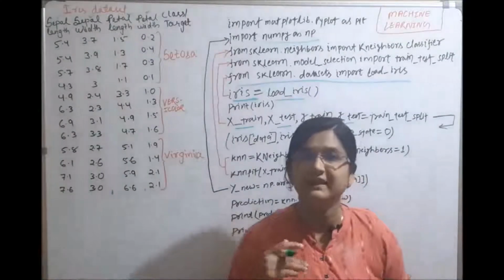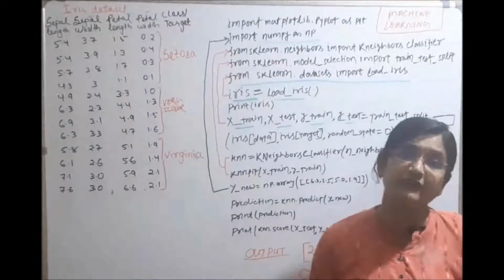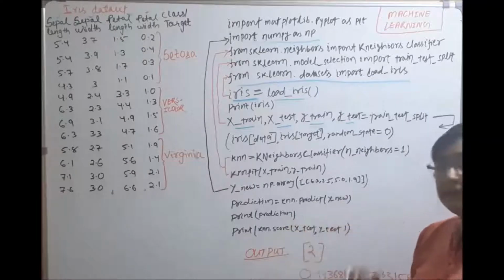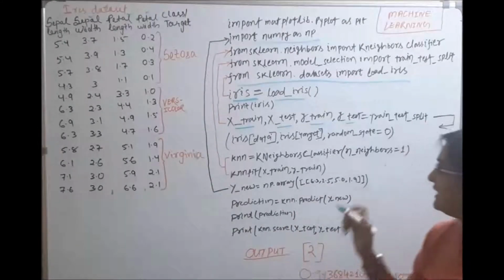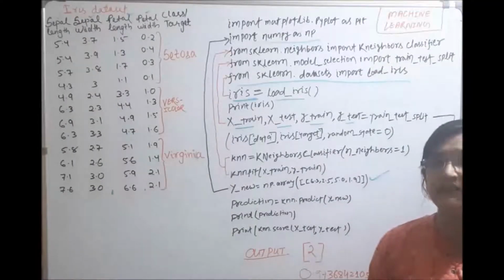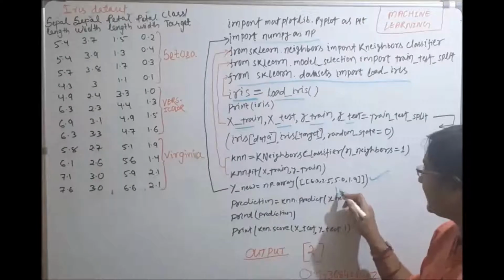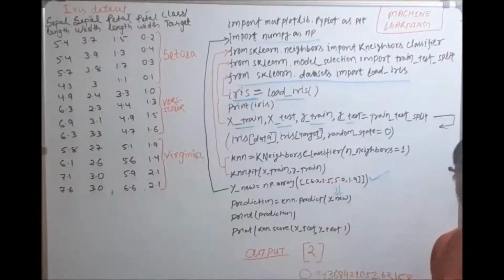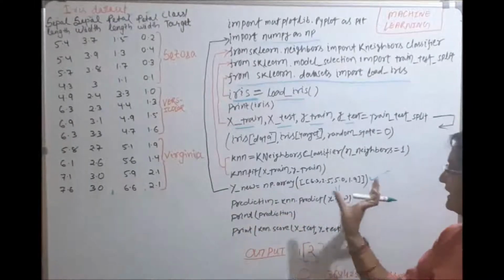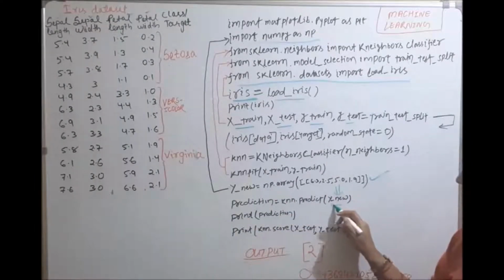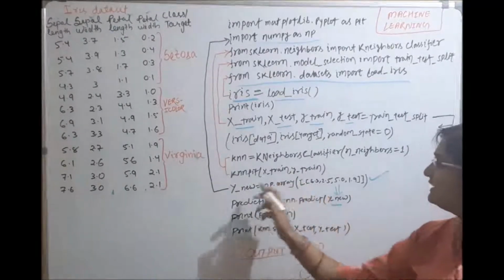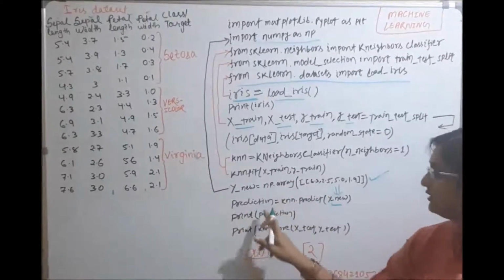The syntax is knn.predict. Inside the predict function I pass the iris flower sepal length, sepal width, petal length and petal width data. In the y_new variable I have taken the array, and I pass these iris flower data values inside my predict function. I will store the result in a variable called prediction.